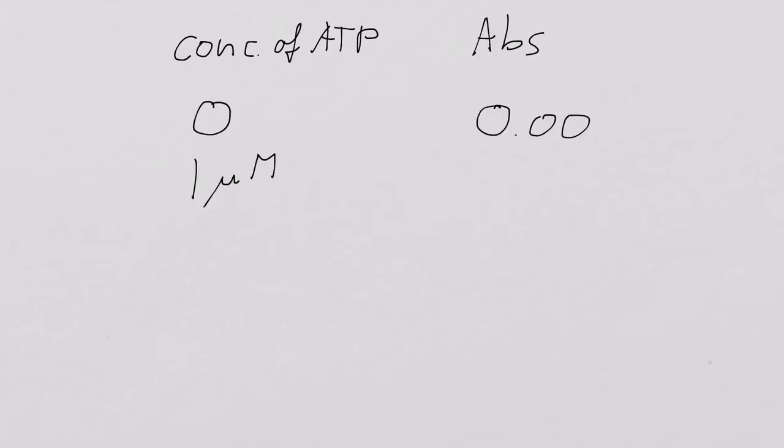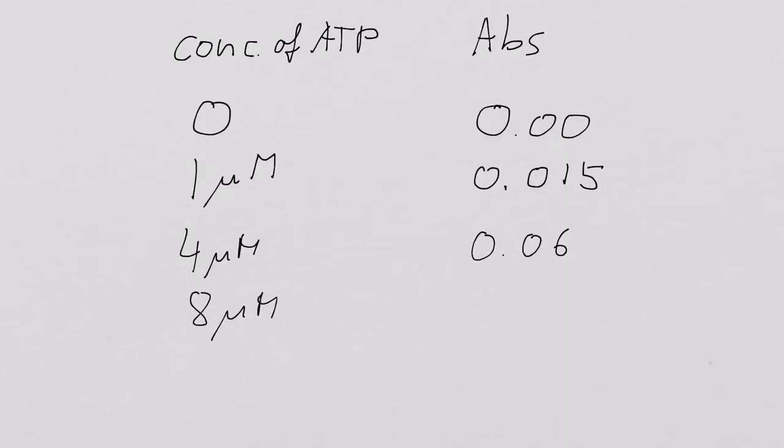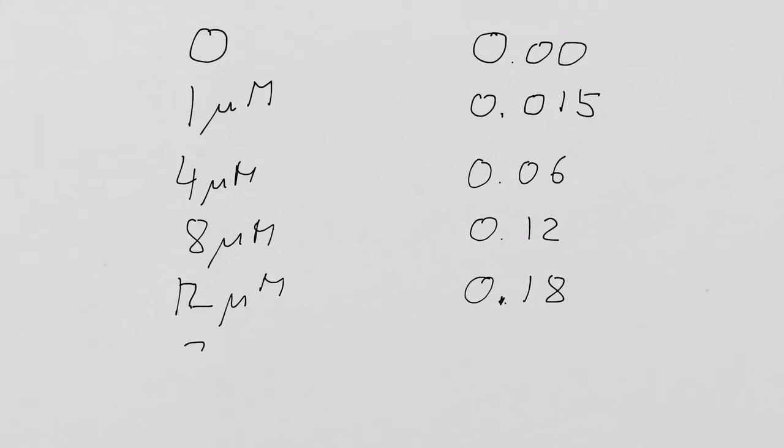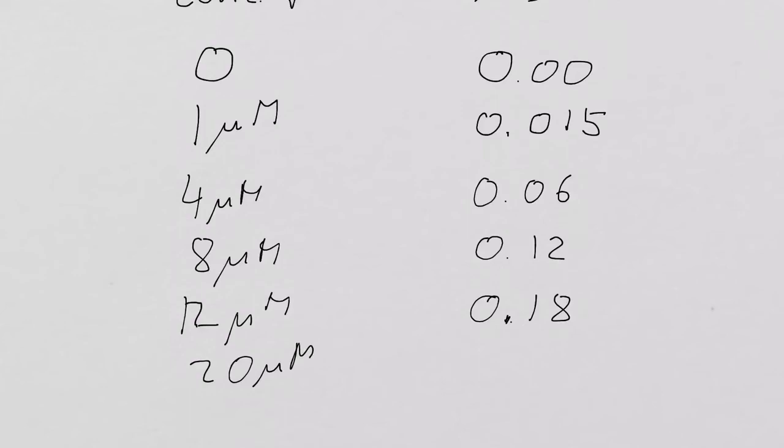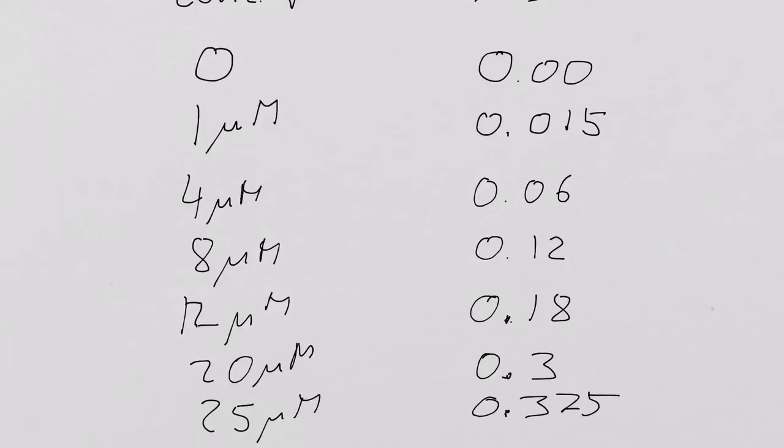And we measure an absorbance of 0.015. 4 micromolar, we have 0.06. 8 micromolar, we have 0.12. 12 micromolar, it is 0.18. 20 micromolar, we have 0.3, and we have 25 micromolar, we have 0.375. Did that get on the board? Yes. Okay.